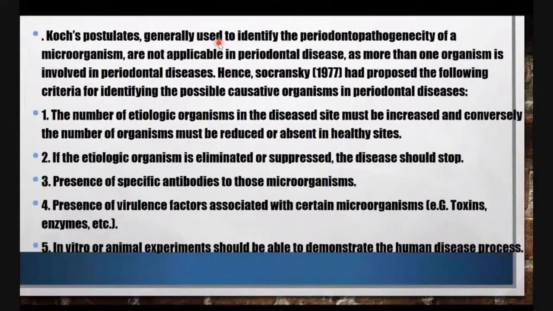Pathogenicity of plaque of the gingiva. Generally used criteria to identify the pathogenicity of microorganisms are not applicable in periodontal disease, as more than one organism is involved in the periodontal disease. سنة 77 هذا العالم اللي هو اسمه سوكرانسكي has proposed the following criteria to identify the possible causative organisms in the periodontal disease.